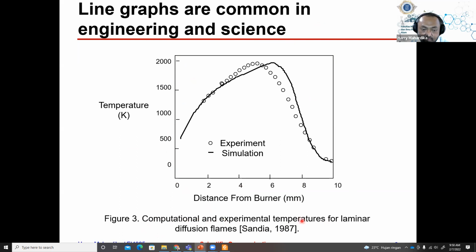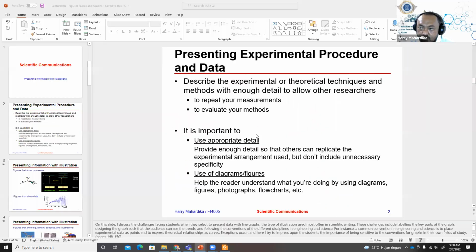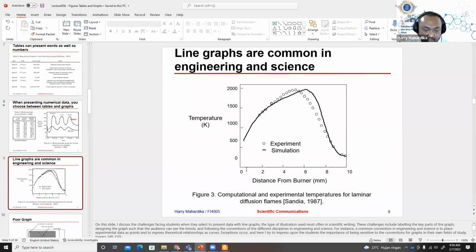For example, like this one shown in the figure captions, and it has clear axis numbers, values, and also titles for the axes, and the legends of the given information inside of the graph.